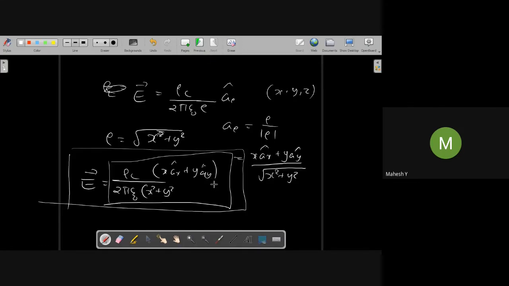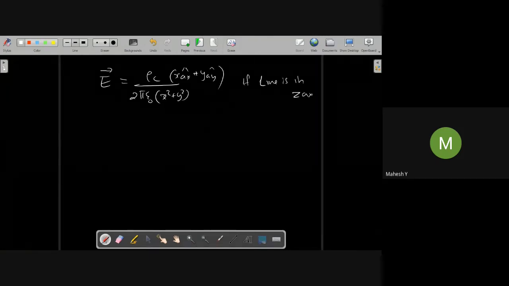Okay, this is in the case of, sorry, again I have to make a correction here. This is in the case if the line is along z axis. So just again I will write all the cases. E is equal to rho L divided by 2 pi epsilon 0 into x ax cap plus y ay cap divided by x square plus y square, if line is in z axis.